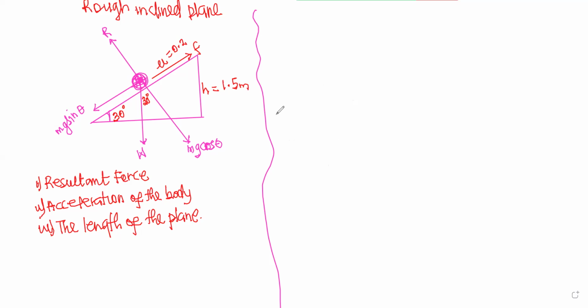So the resultant force when there is friction, on a rough inclined plane, still the body would accelerate down, meaning the unbalanced force will still be greater than the frictional force.